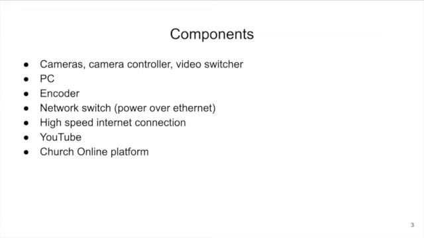It gives power over Ethernet to the cameras and connects all the other bits together, and then is connected through to the main rack in the storeroom out to the internet, and it gives a high-speed internet connection. So there's dedicated bandwidth on that connection.